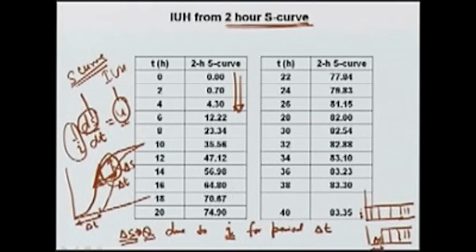So, any change here, delta S, represents the Q due to intensity of I, period of shifting of delta t, and as delta t becomes 0, delta S by delta t will tend to ds by dt. So, this I rainfall for a period delta t means the volume is I delta t.